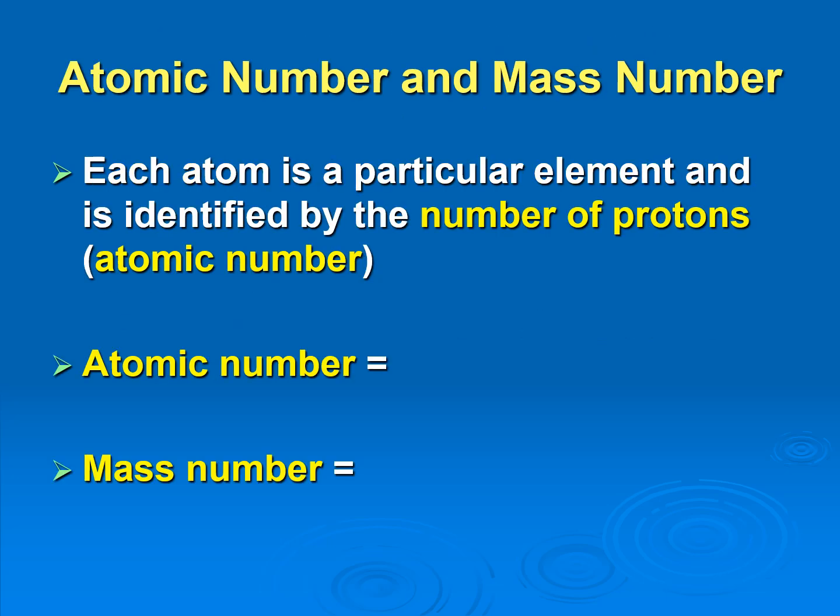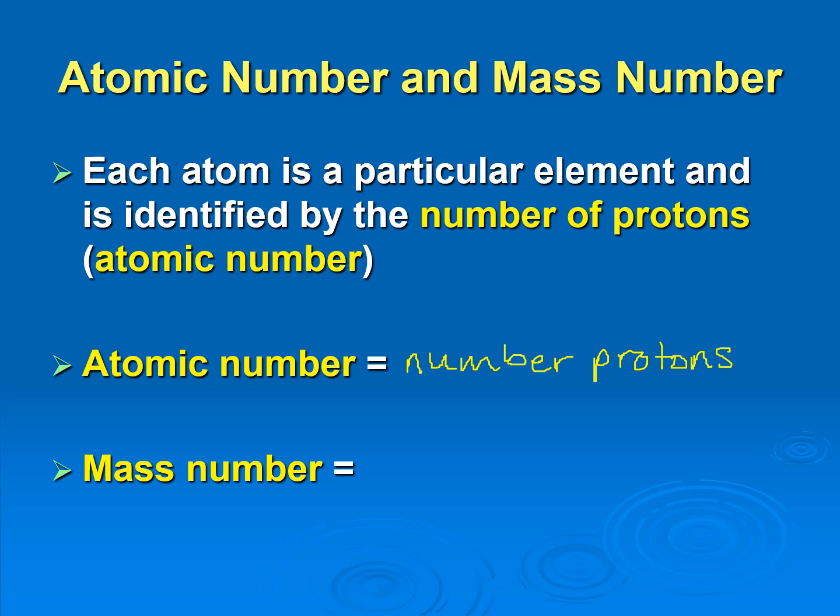Okay, another thing we need to look at is our atomic number. The atomic number is equal to the number of protons. Each element has its own unique atomic number, and each element has its own unique number of protons. We'll be looking at that as we go.